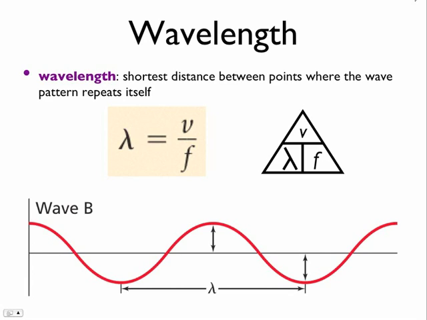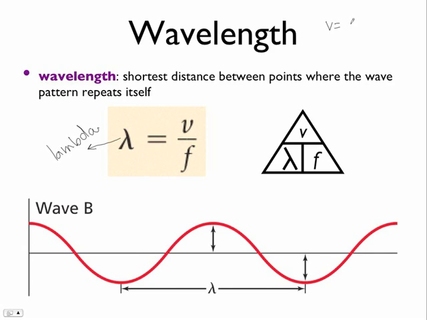Here's your wavelength formula. Wavelength is this weird little letter. This letter is lambda. It's a Greek letter. You'll see a lot of Greek letters in physics this year, don't worry. And this is your speed, and this is your frequency. And you can also put this in the triangle. So we have 3 formulas that I've given you.